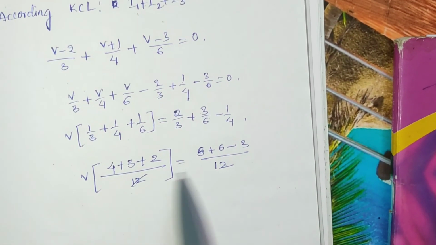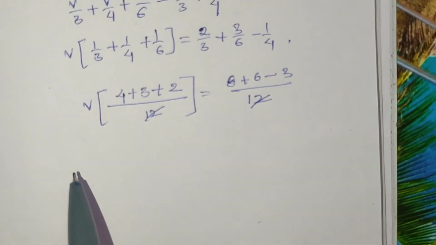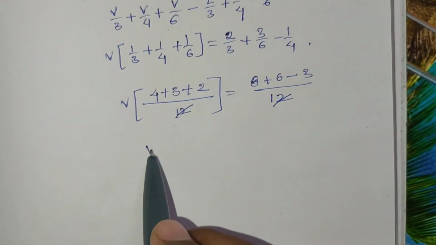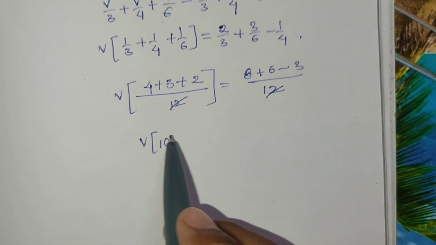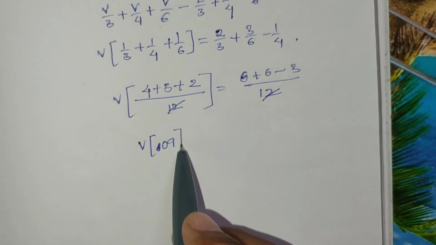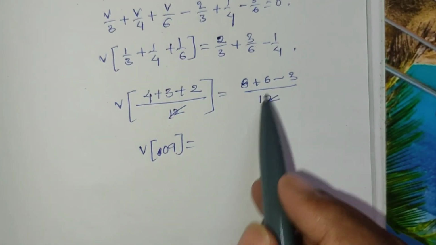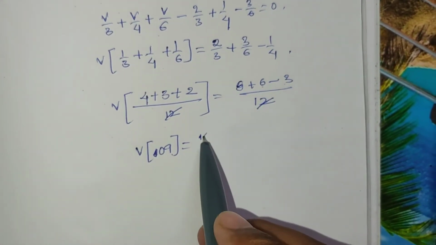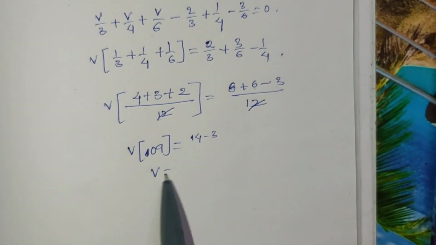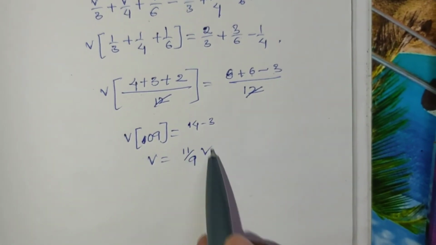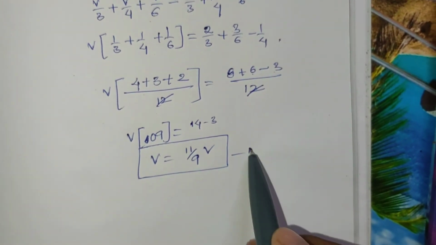You can cancel out the same denominator here. So V into 9 equals 8 plus 6 is 14 minus 3, so V equal to 11 by 9. This is the voltage at node A.